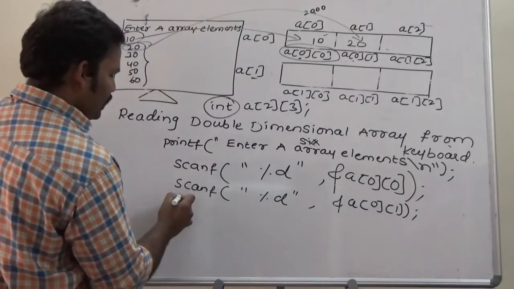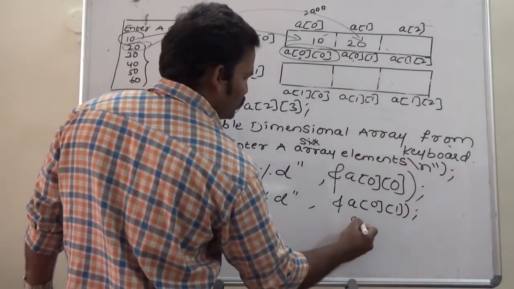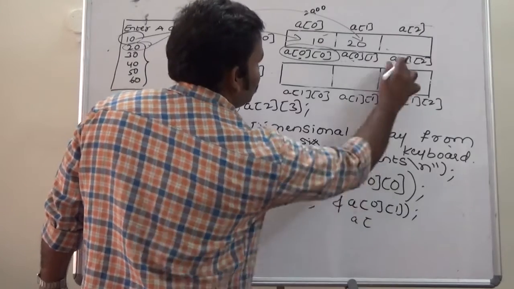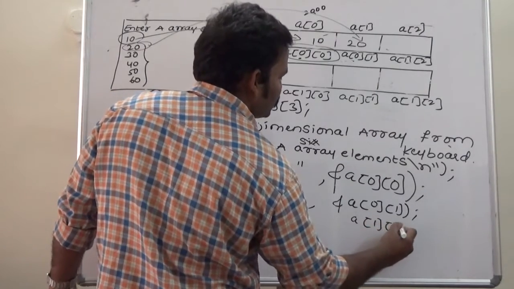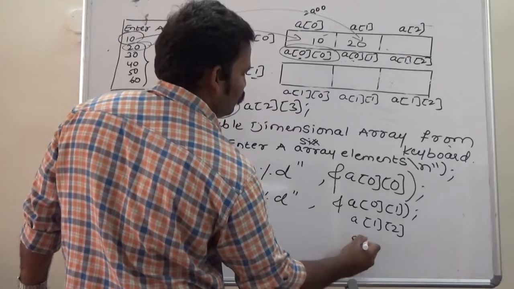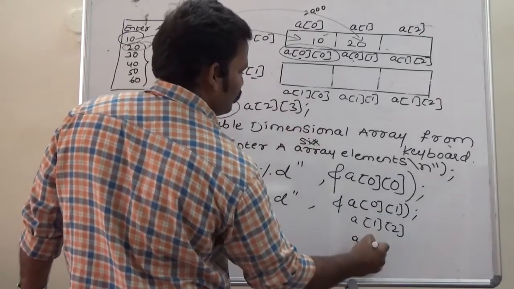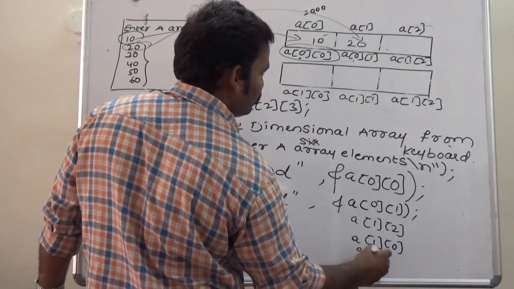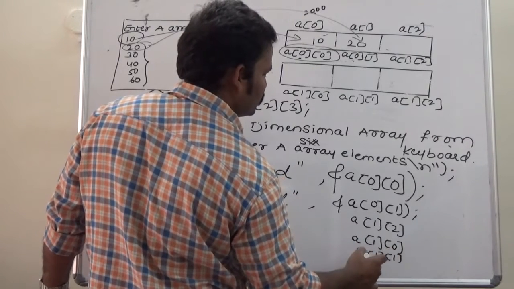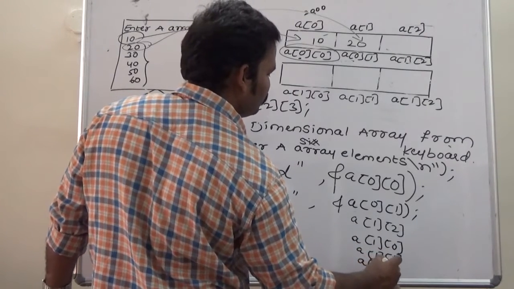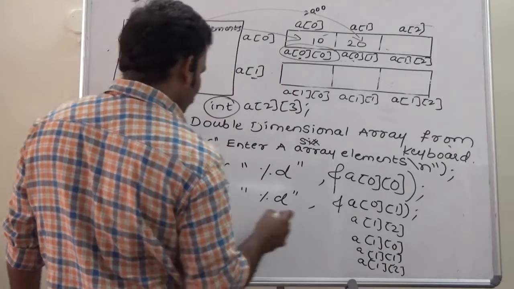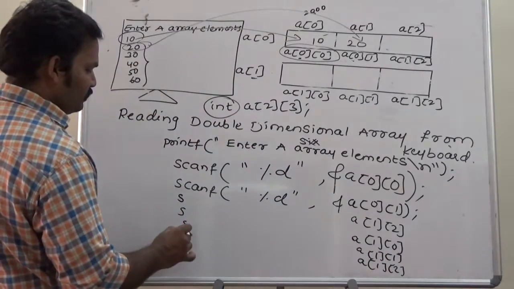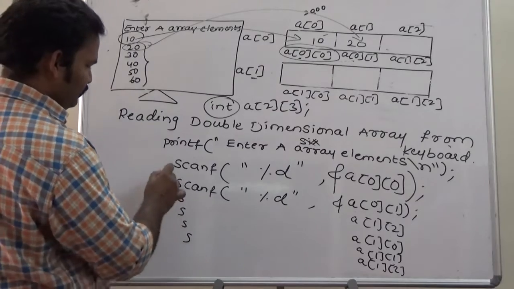In the same way, next the third element location, the fourth, the fifth, and next the sixth element. So here we have to write the scanf statement 6 times.